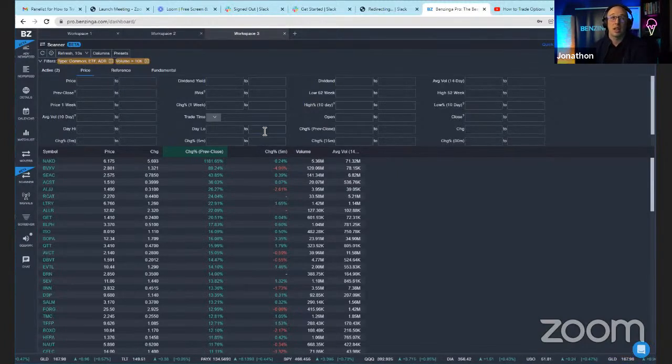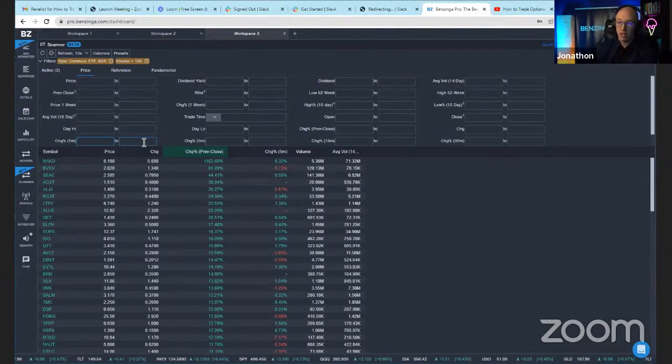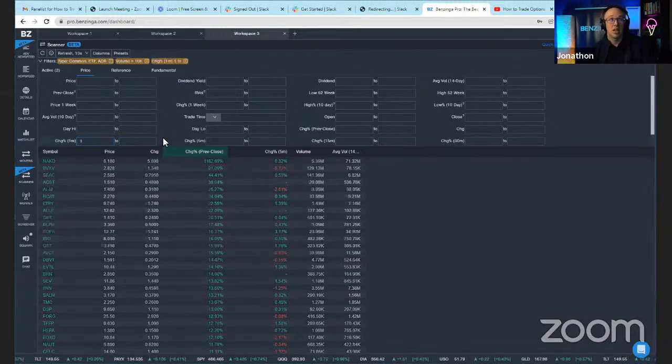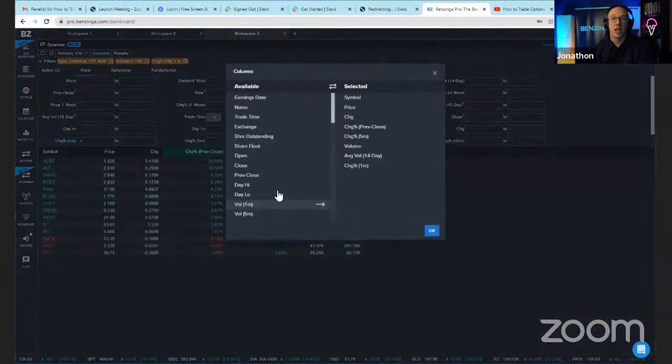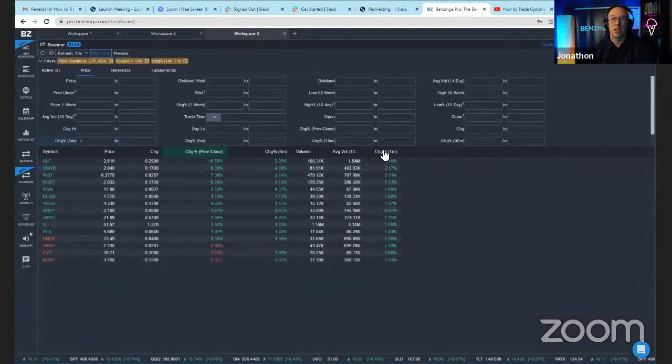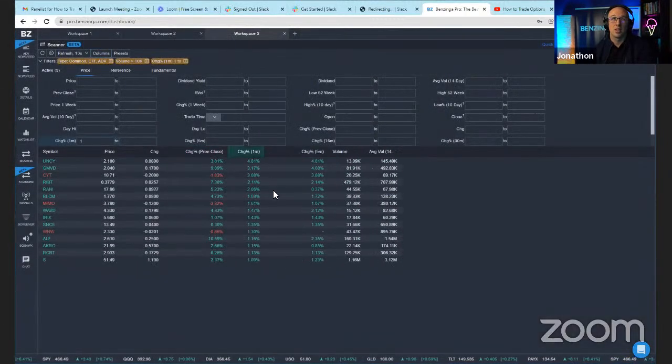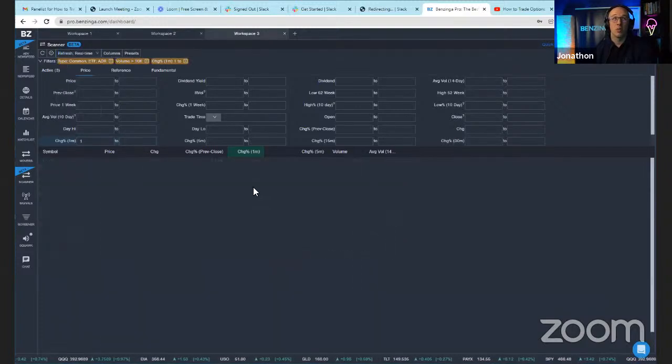So I could add in percent change 1 minute. If I just want to see stocks that are spiking at least 1% in the past 60 seconds, I can add that as a filter, and you can see it's only showing me companies spiking at least 1% in the past 60 seconds. Then I could customize my columns here, add that as a column, and sort by that change in the past 60 seconds. You'll also notice that the refresh rate is defaulted to 10 seconds, but you can make that real time as well.